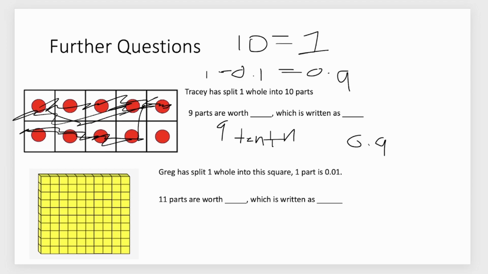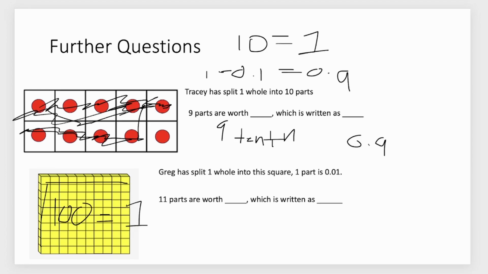Right, so our last one here. Greg has split 1 whole into this square. 1 part is 0.1. So we have 10 rows of 10 columns. Each part is worth 0.1. So 100 parts in this square is also worth our 1 whole value.